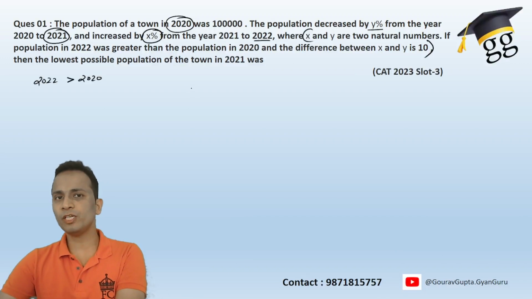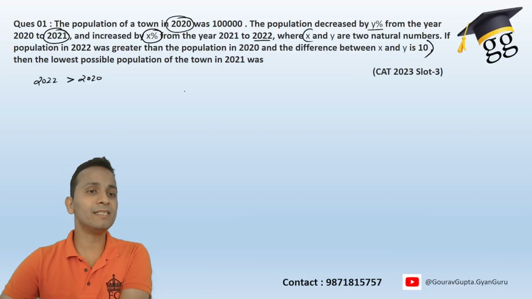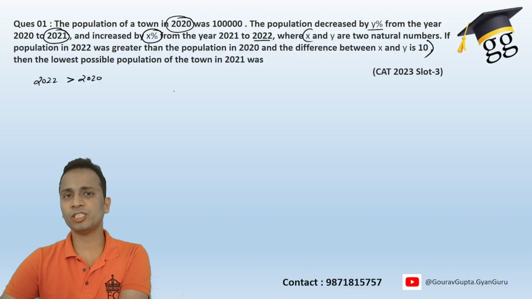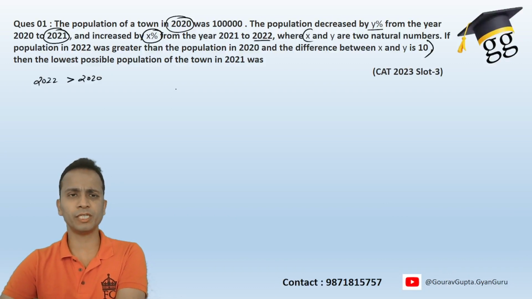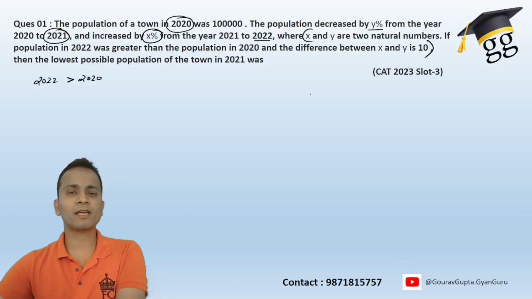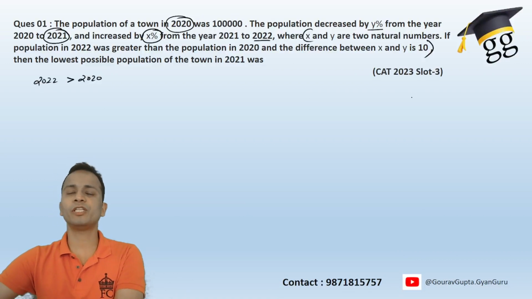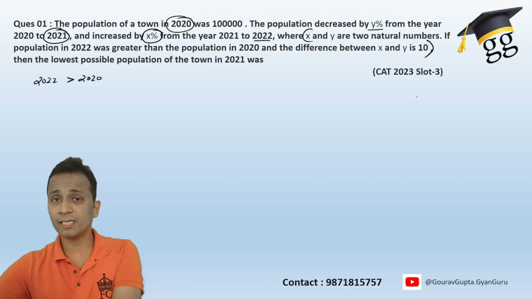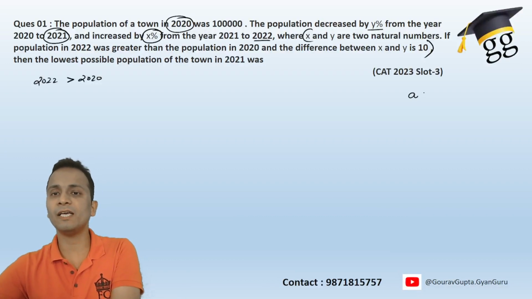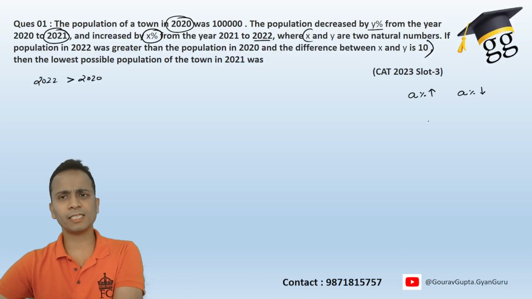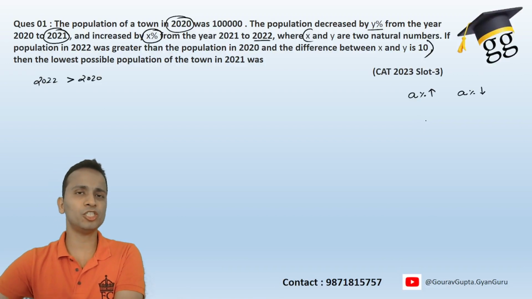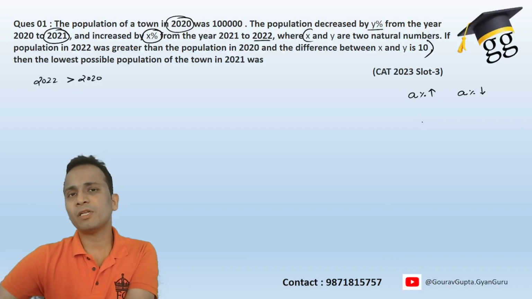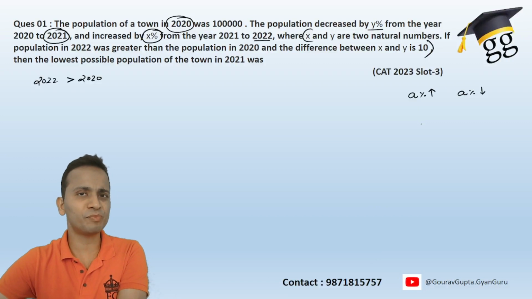Now since we know that the population is increasing, the net percentage change is more than 0%. If I consider a scenario in which there is an equal percentage increase and decrease, so let's say there is an increase of a percentage followed by a decrease of a percentage, then in such a scenario, the net percentage change, you must be knowing the formula x plus y plus xy upon 100 in successive percentage change.